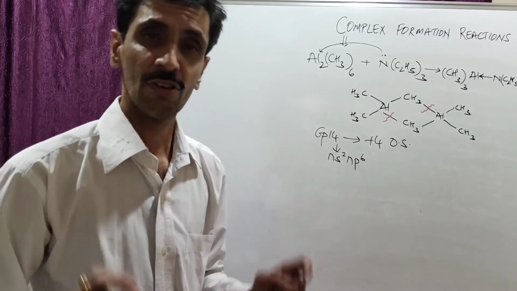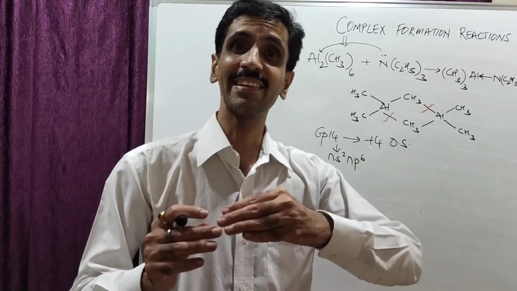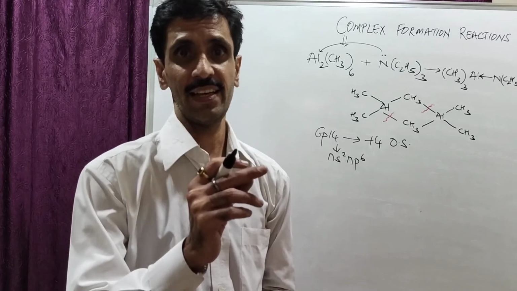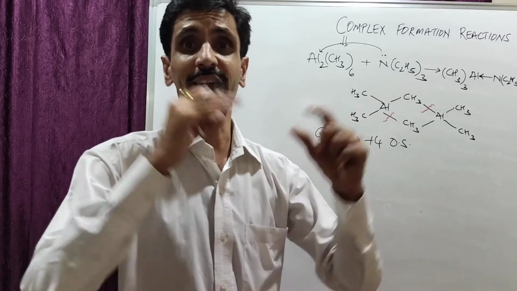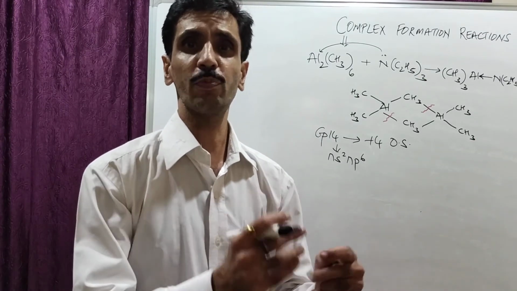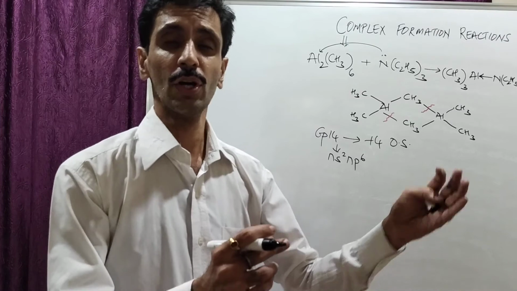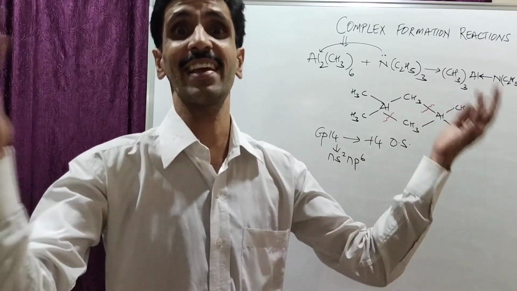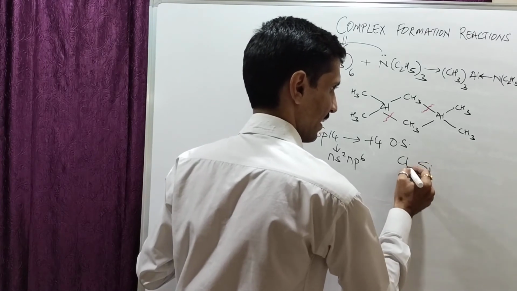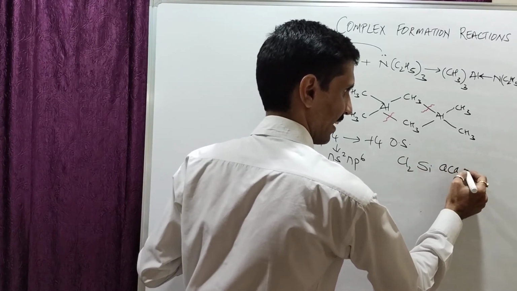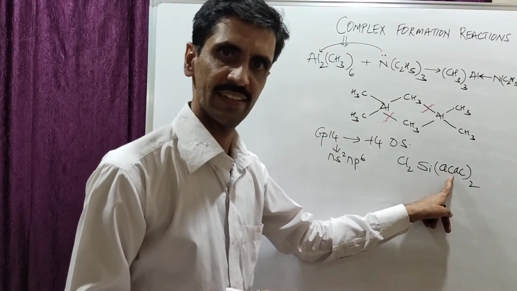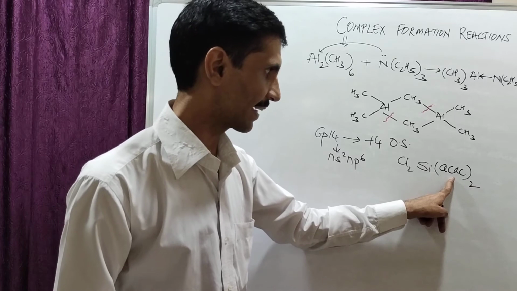Now, because it is ns2 np6, it is going to be a stable octet. So generally, they do not have a tendency to expand their coordination number. Yes, but when they combine with highly electronegative species, then they do expand their coordination number from 4 to 5 or 6 or 7 as well. I give you a simple example, SiCl2(acac)2, acetylacetonate.